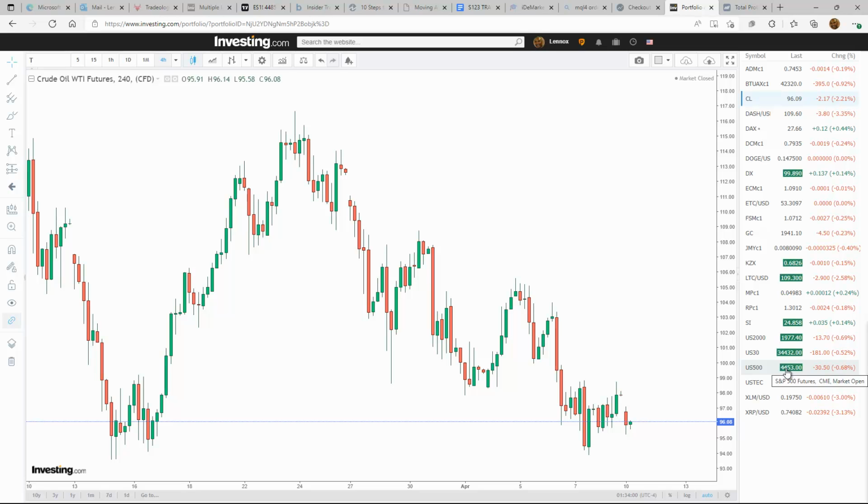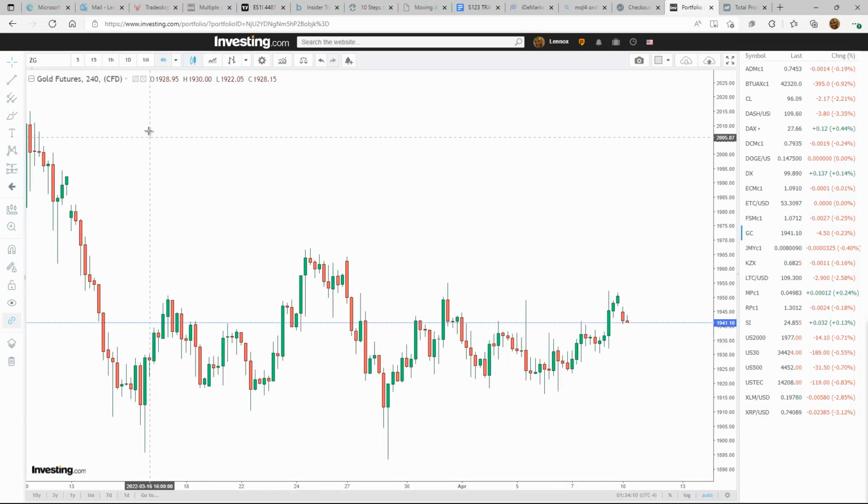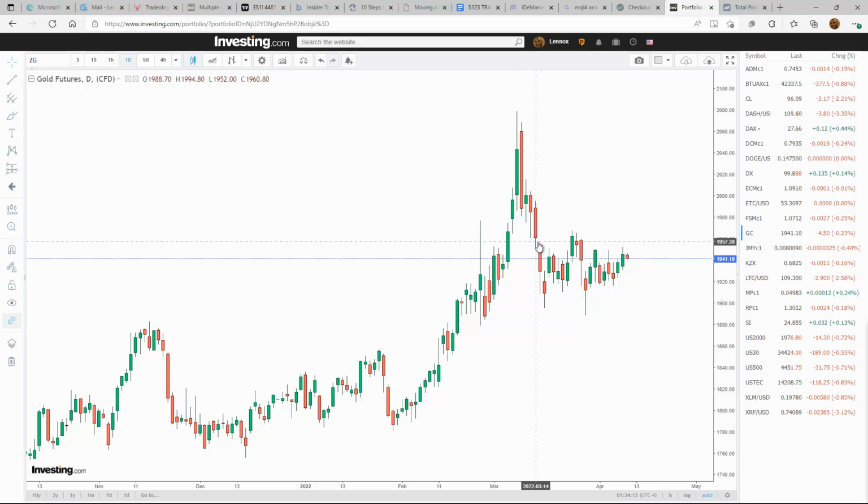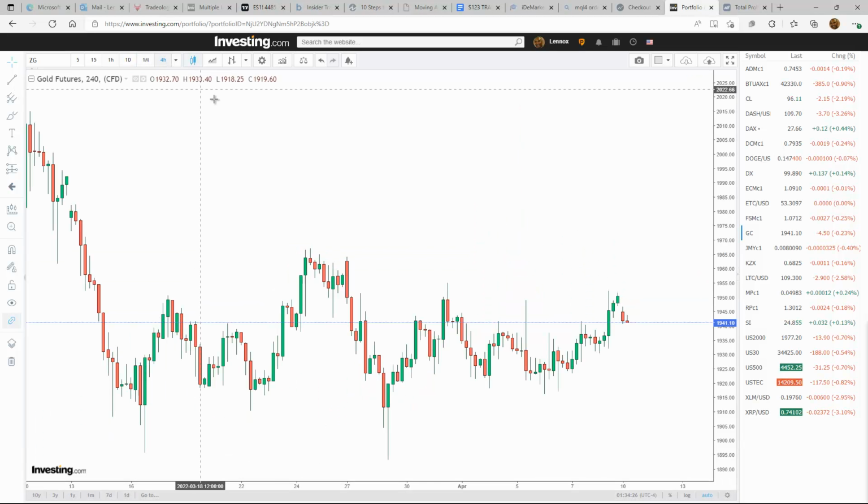All right, let's take a look at gold. Okay, so gold, I'm going to go up to the daily, has been kind of sideways inside this triangle, and up at the top of the triangle looking like it wants to continue to the downside in the short term.